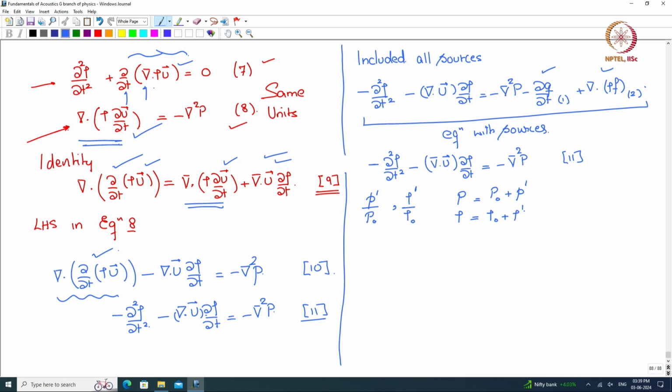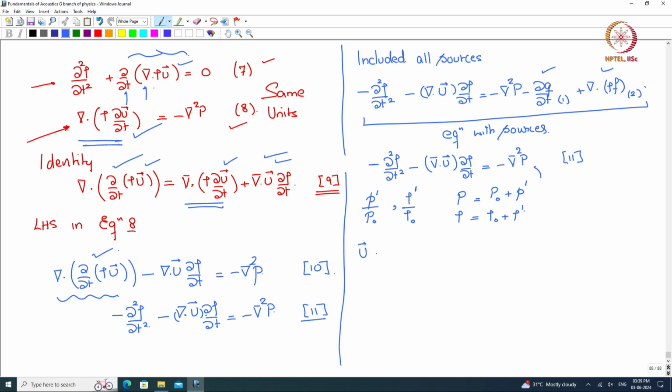Okay, so if I now substitute it in here, I get minus del 2 by del t square of rho 0 plus rho dash minus del, okay, one more thing before we start is the velocity u.